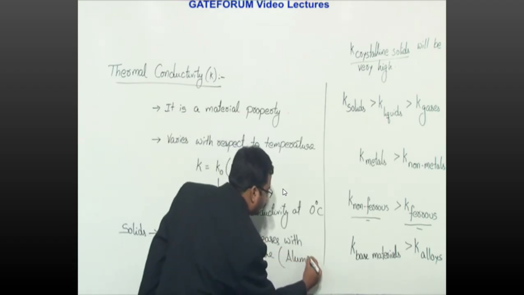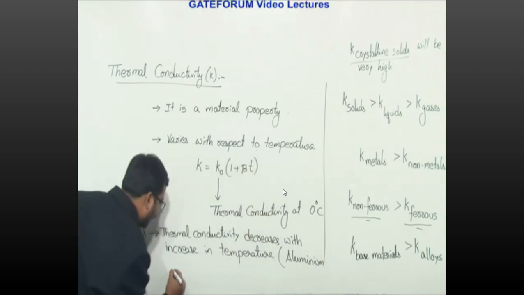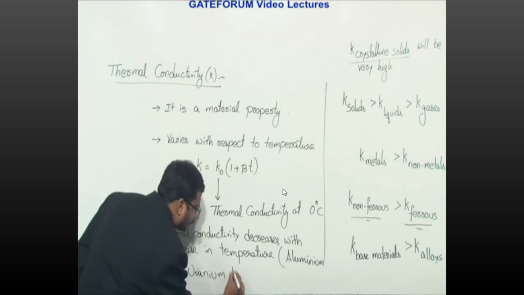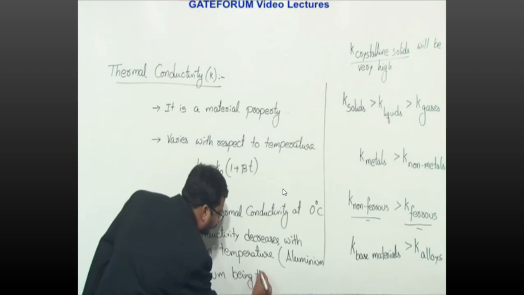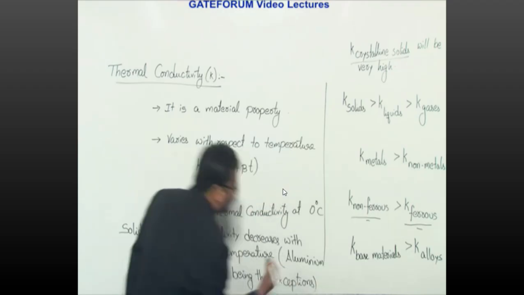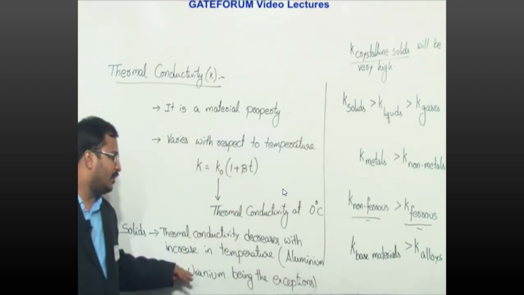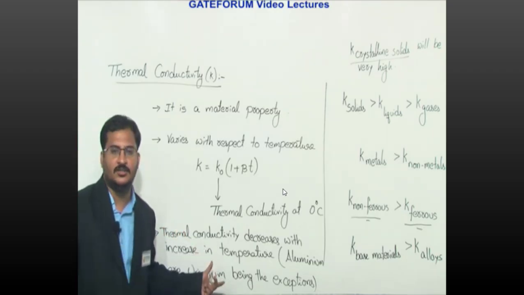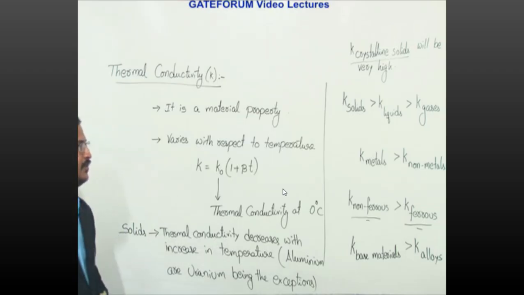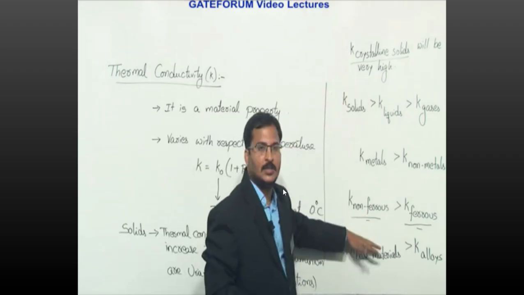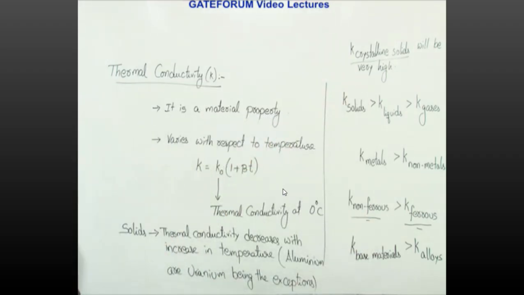Aluminium and uranium are exceptions. The thermal conductivity of aluminium and uranium increases with increase in temperature, whereas that of all other solids decreases with increase in temperature. In the GATE examination, questions will be asked from this.